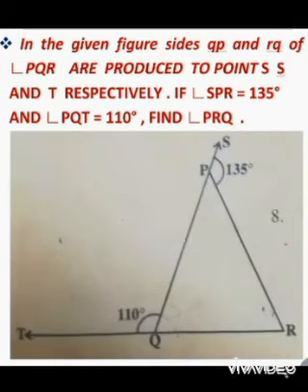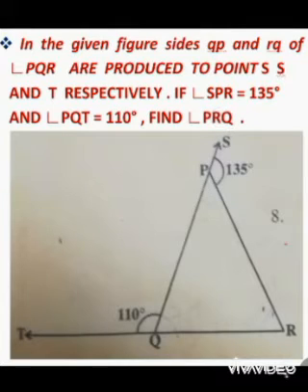Let us move to the last sum, children. In the given figure, sides QP and RQ of triangle PQR are produced to points S and T respectively. If angle SPR is equal to 135 degrees and angle PQT is equal to 110 degrees, you have to find the value of angle PRQ.